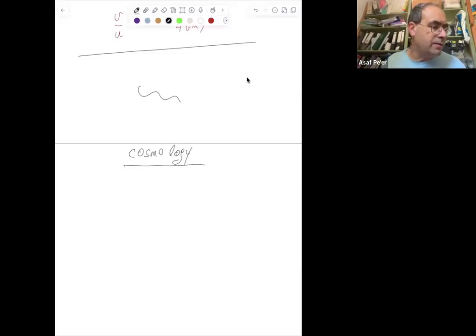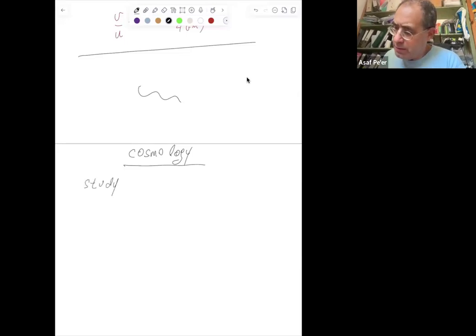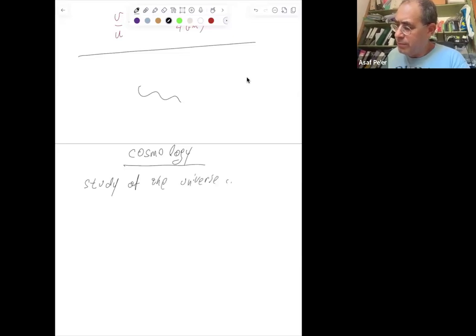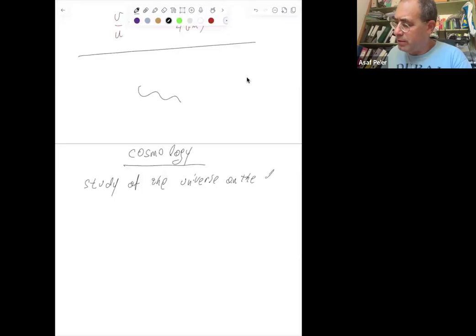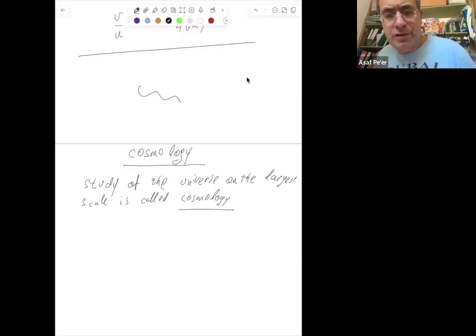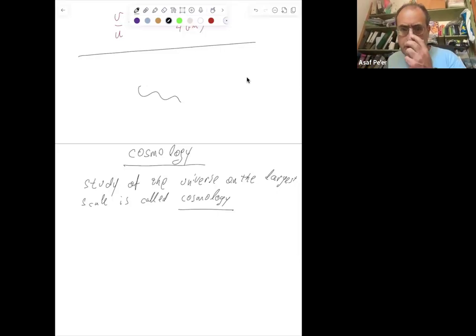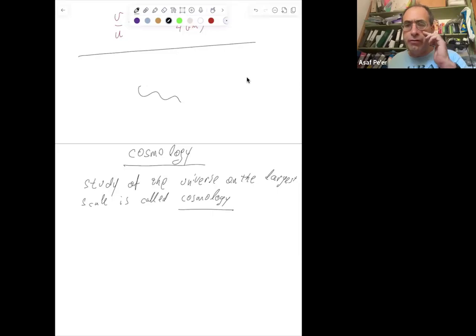The study of the universe on the largest scale is called cosmology. Cosmologists are not interested in objects such as stars or galaxies or black holes. They're interested in the properties and evolution of the universe as a whole.